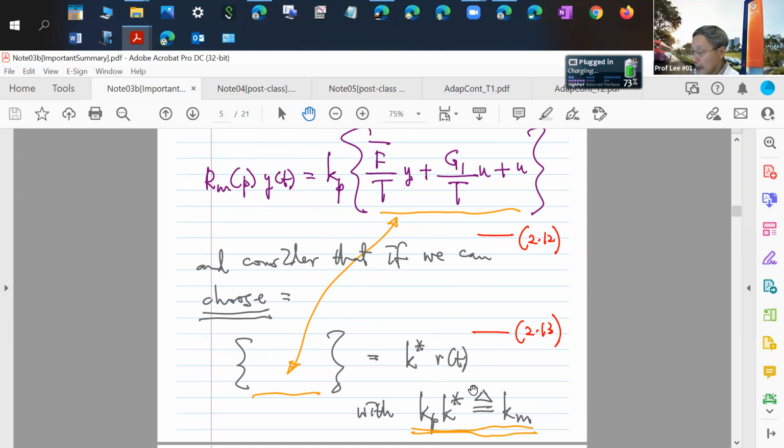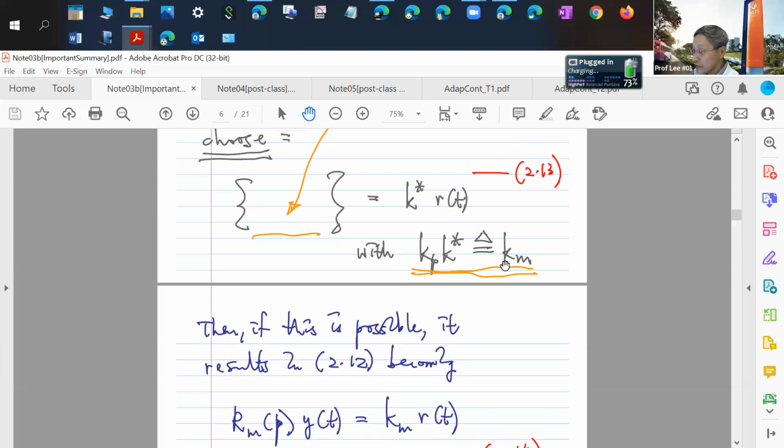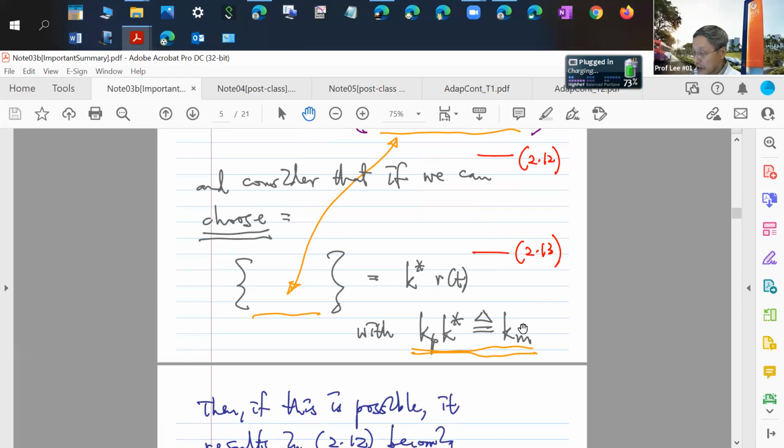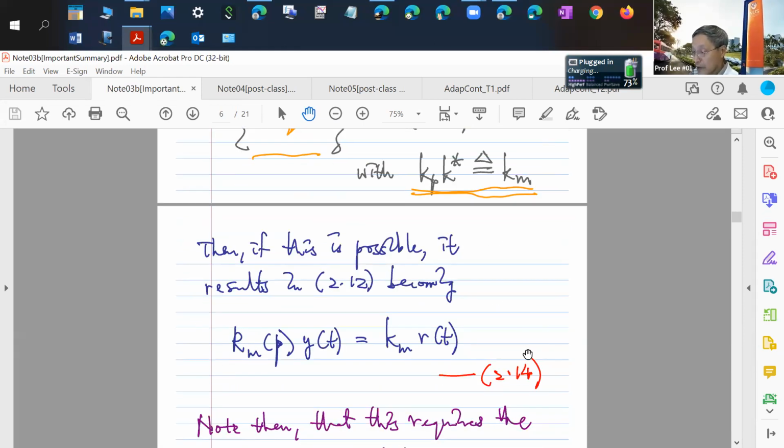So this now will turn out to be Rm operate on y equals kp k star of r, which is km of r. So remember how we've set it up to this stage. This condition is also there, as part of the development. So it will become like that.